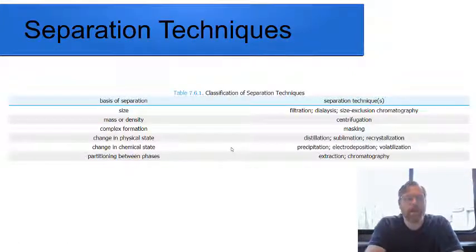All right, so let's talk a bit about separation techniques. As I said, you need some sort of physical or chemical difference to do the separation. So you can separate things based on size by using filtration, dialysis, things like that.